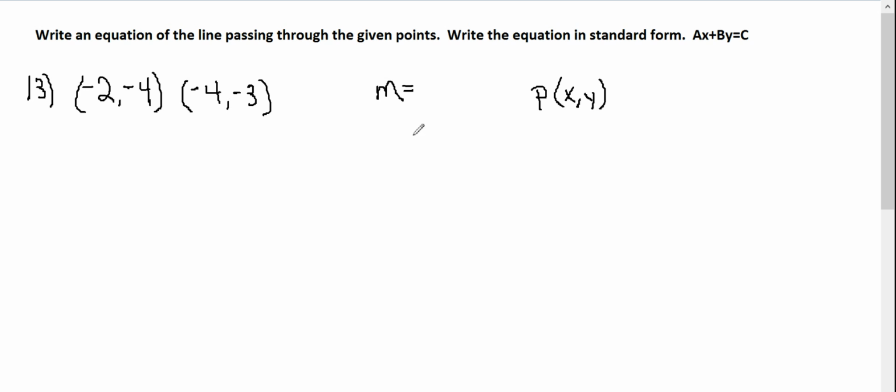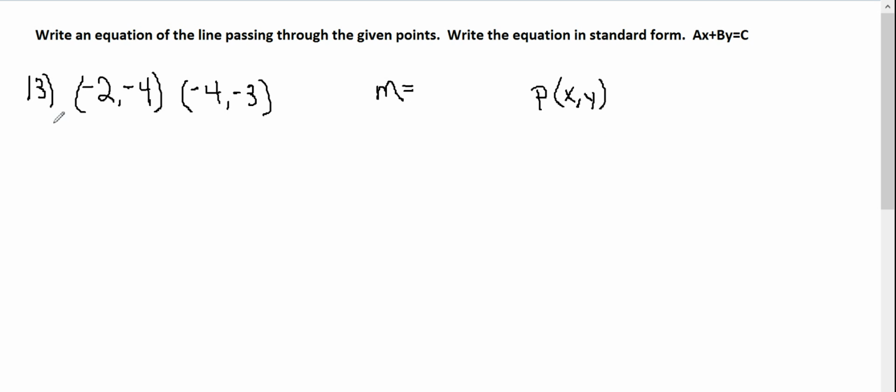So I've got to figure out how I can get the slope given 2 points, where I can use the slope formula. This gets a little confusing because I need these formulas to figure out what the slope is. Then I'm going to need the point slope formula to figure out what the equation is.